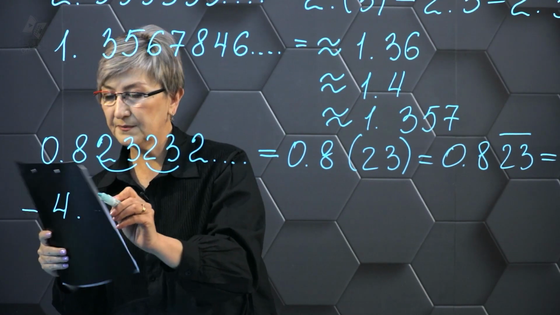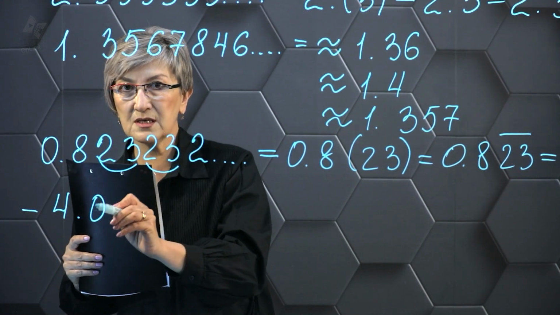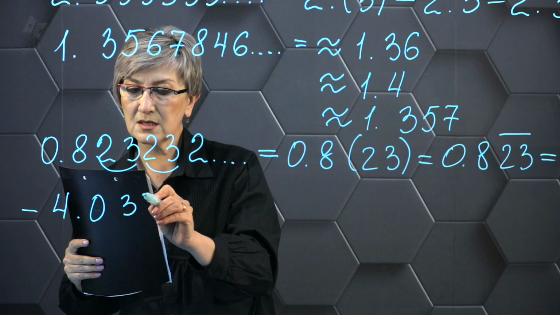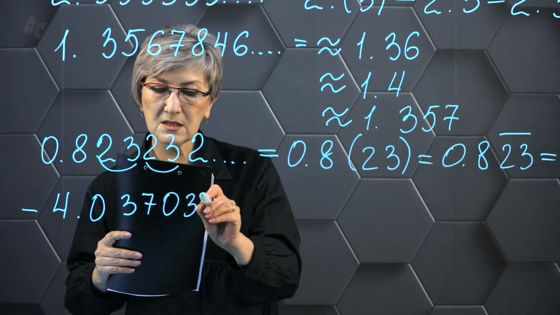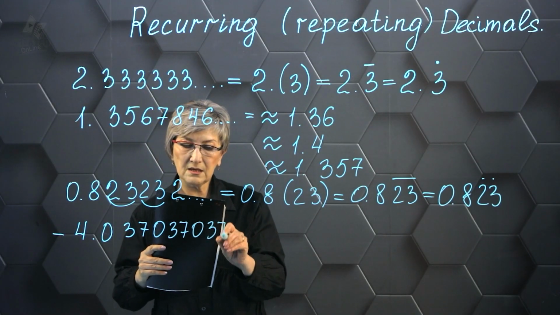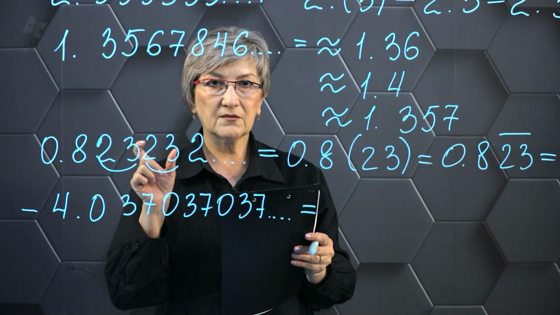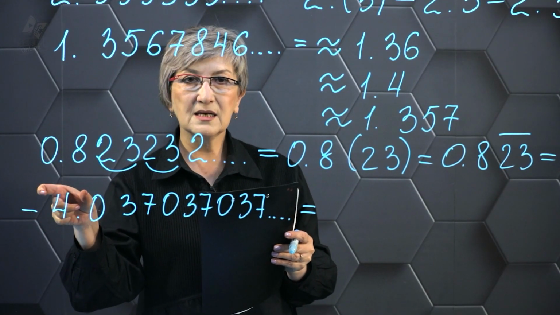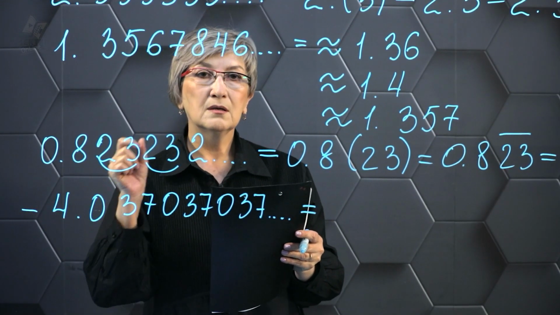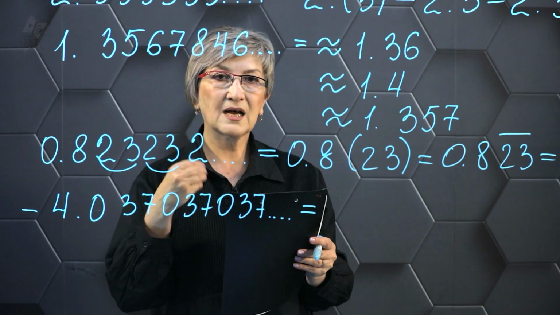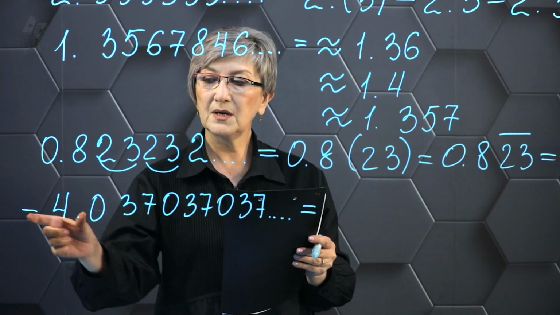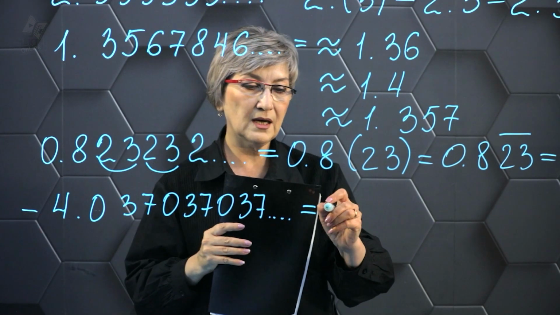And let's record another example: -4 whole, and an entry after the decimal point, 037, 037, and so on. As you can see, this is a negative number. Here we can write an infinite decimal with a minus sign as well. Therefore, the rule holds.